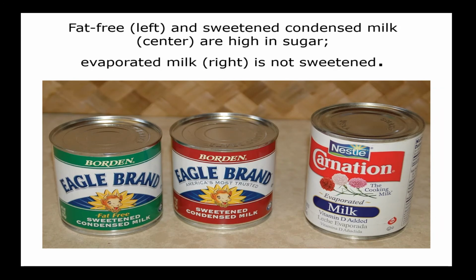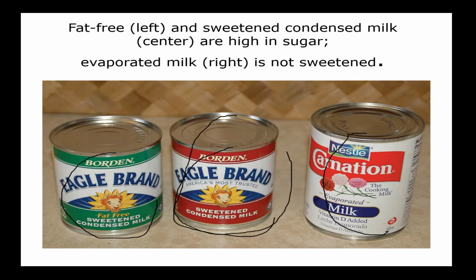This is one evaporated milk, this is the sweetened condensed milk, and this is the fat-free sweetened condensed milk. The sweetened condensed milk is high in sugar, as the name suggests, and extra sugar is added to the milk to make it sweeter.